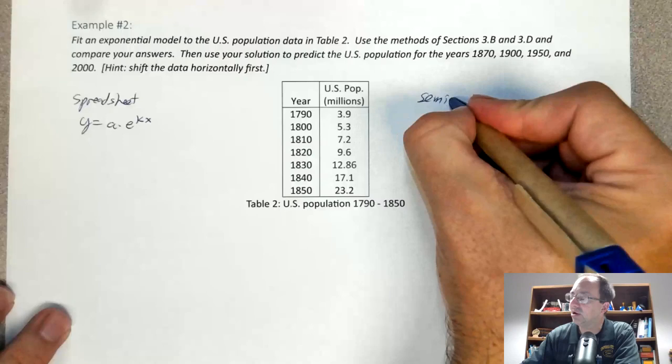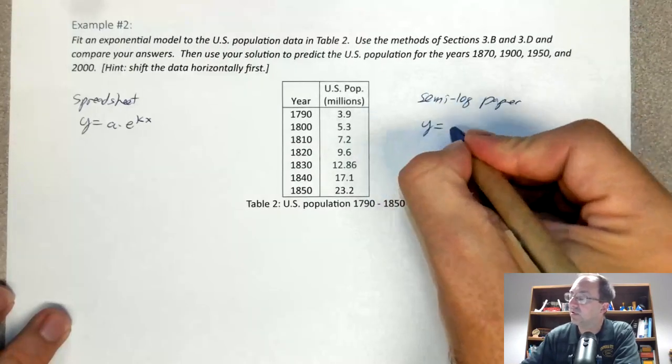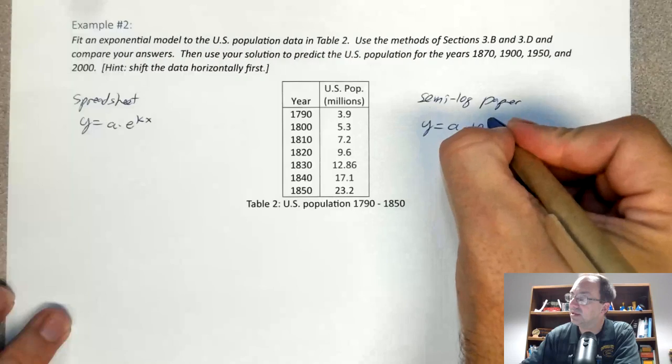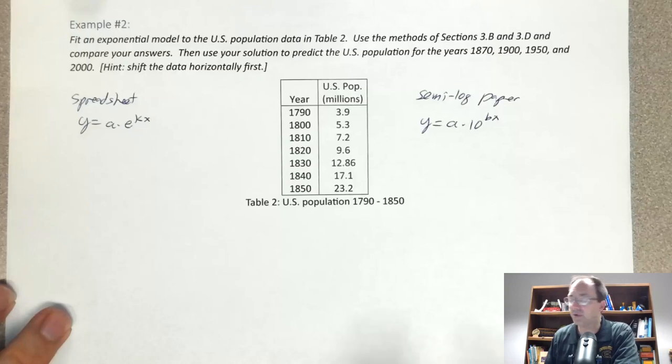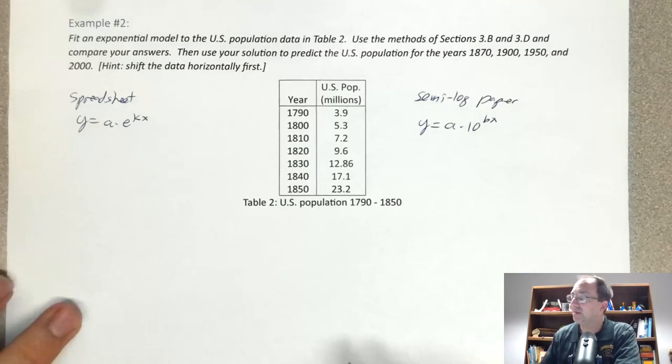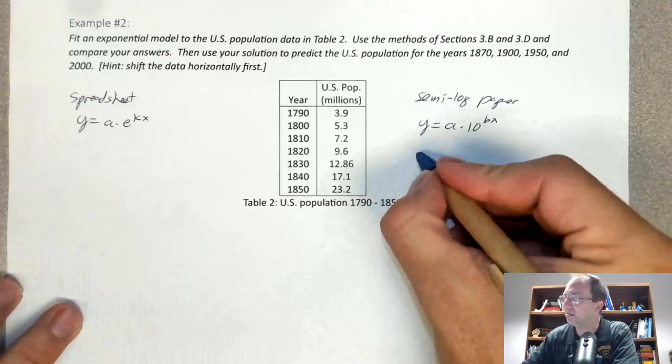And if we're using semi-log paper, it makes more sense to use something of the form y equals a times 10 to the bx. We can, of course, go back and forth between the two, but just be aware there is a difference. The reason is that with semi-log paper, it makes sense to do things in base 10.